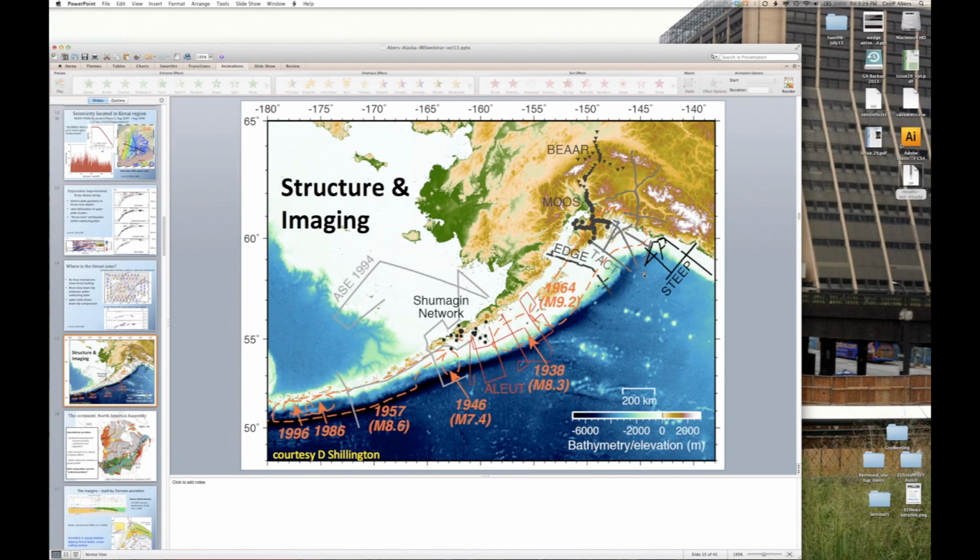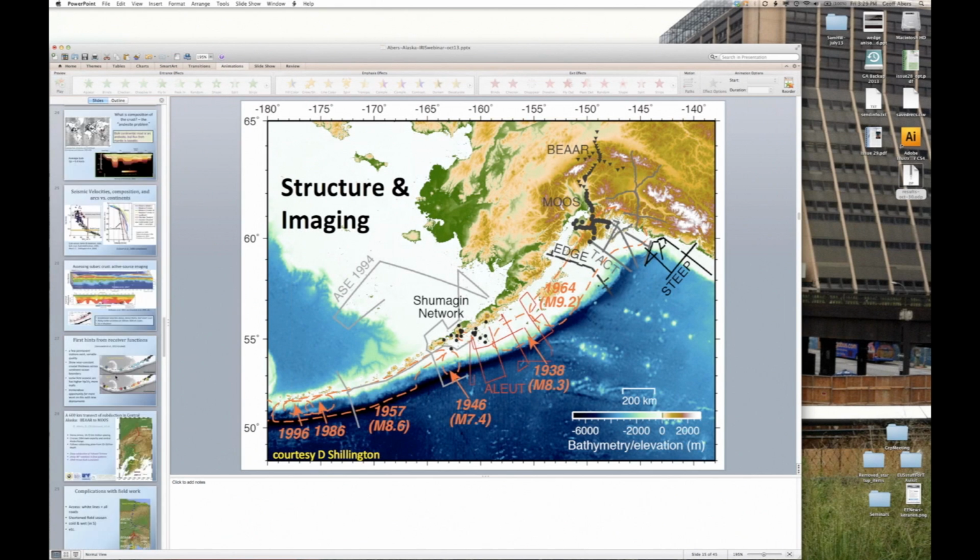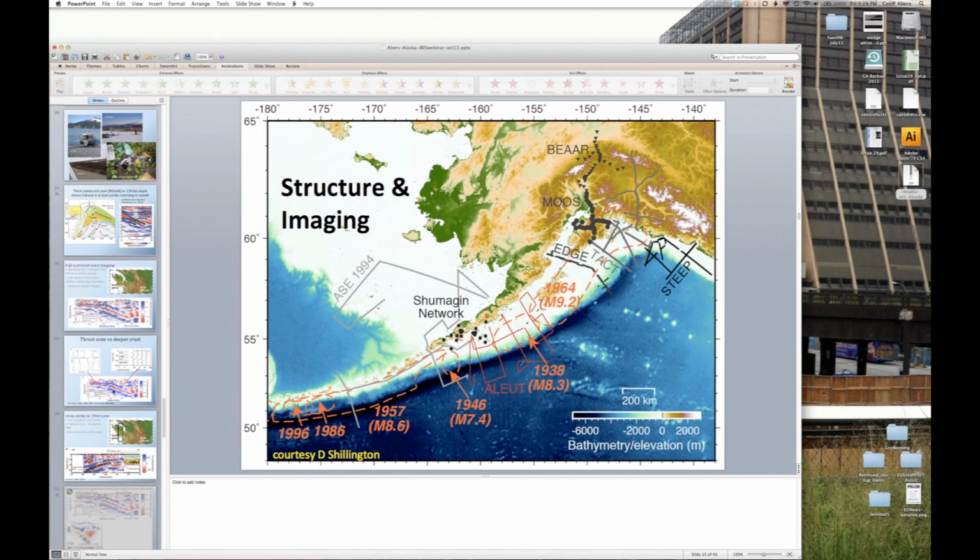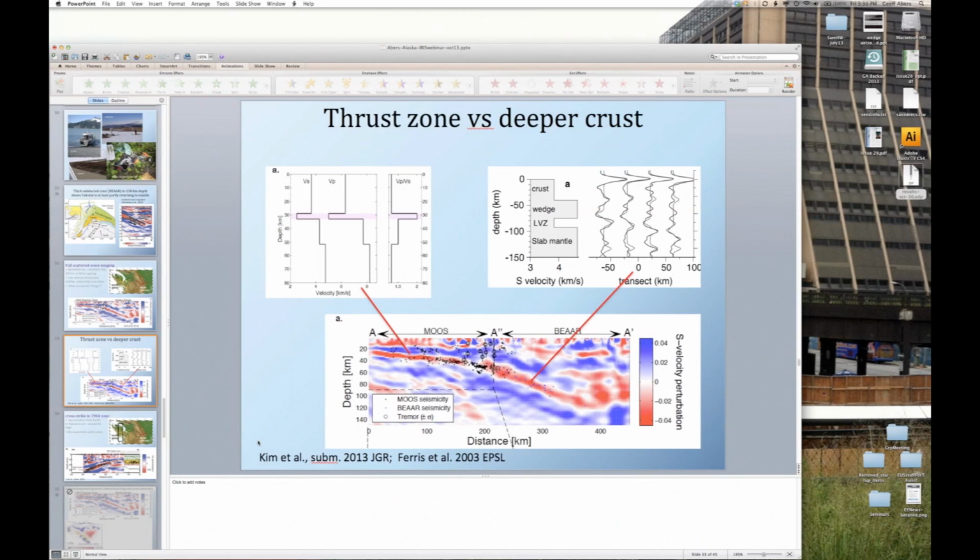Okay, next question is from Eric Kaiser, and he's inquiring about the Moose Bear profile. The boundary between the thin and thick low velocity layers is also a region of high seismicity. What's your interpretation for that? Let me see if I can pull up one of our Moose Bear lines.